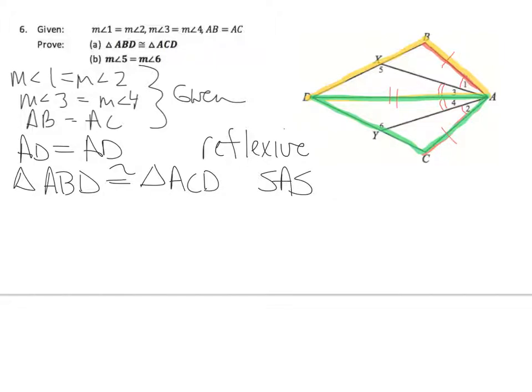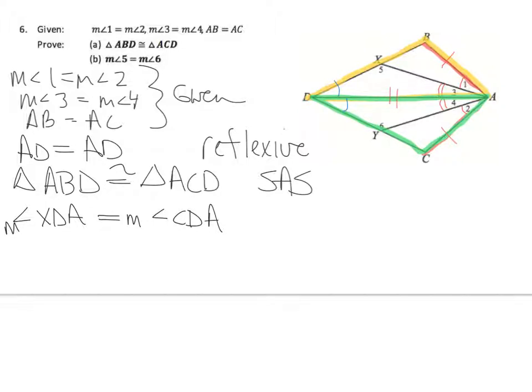So that was step 1. Now we have to figure out how to say that angle 5 is equal to angle 6. Okay, so let's look at it. If those two triangles are congruent, I can also say that angle XDA is equal to angle CDA. Let's go ahead and mark it in blue.